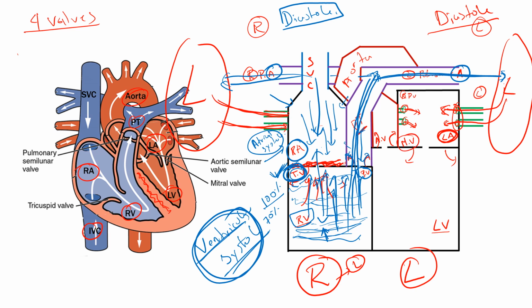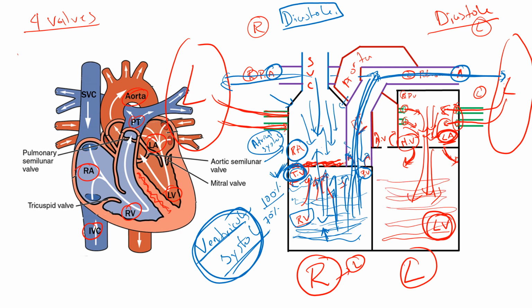The mitral valve will open because blood is getting inside, and that increases the pressure in the left atrium. And because the left ventricle is relaxed, the pressure is low. That allows this valve to open and blood can pass and go to the left ventricle. In the same way, about 70% of blood will fill the ventricles just by that passive filling.